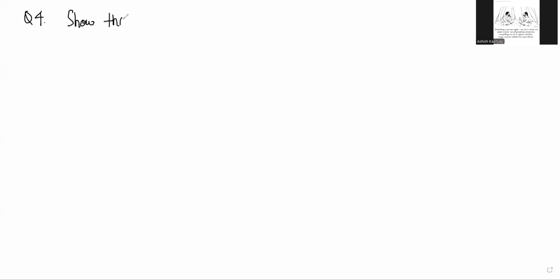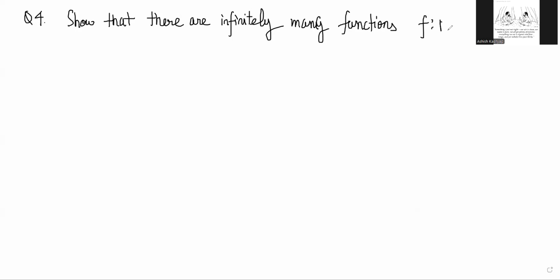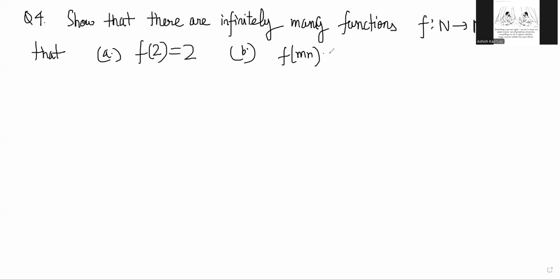Show that there are infinitely many functions f from N to N such that, first of all, we are going to say f of 2 is 2, and b, f of mn is equal to f of m times f of n for all m, n belonging to natural numbers. Notice that there is no C condition here. We have totally relaxed the C condition, right?